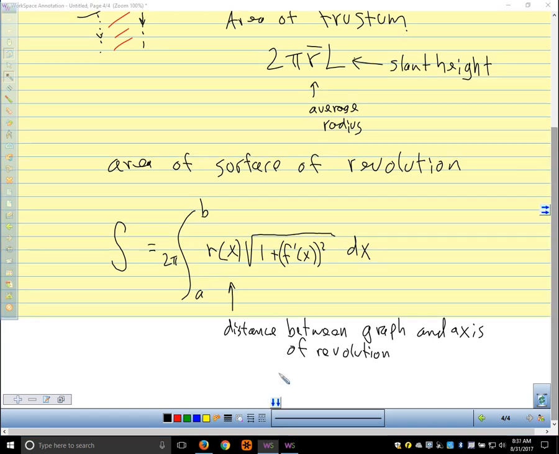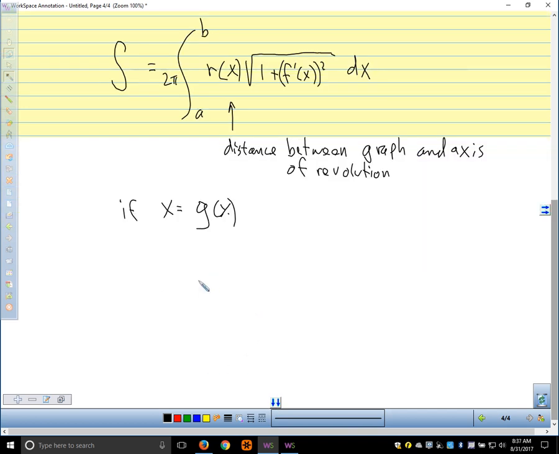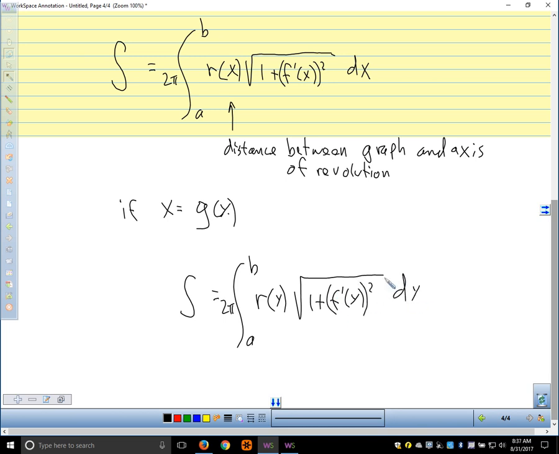If we have x as a function of y, g of y, we get that our surface area of revolution is the integral from a to b of 2 pi r sub y square root of 1 plus g prime of y squared dy.